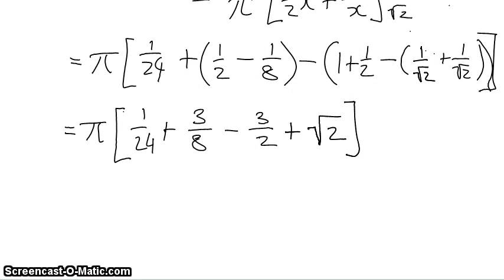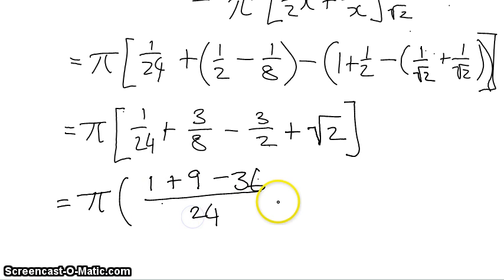So this is my expression. Now if I put these all to the same denominator, what do I get? I get 1 plus 9 minus, changing the denominator to 24, multiplying by 12 top and bottom, 36 over 24, plus square root 2.